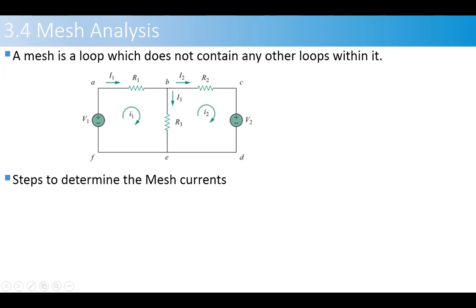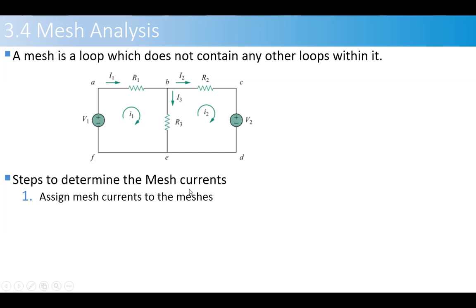So how will we apply mesh analysis for circuits? There are certain steps we can follow. Let's first list the steps. First one is to assign mesh currents to the meshes. If there are n meshes, assign n currents in meshes starting from mesh number 1, 2, and so on.